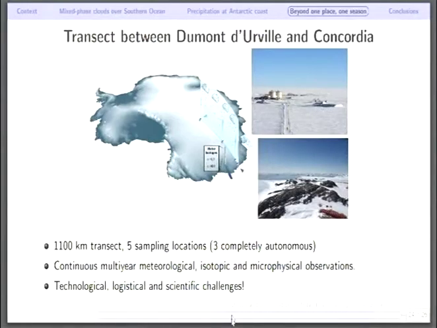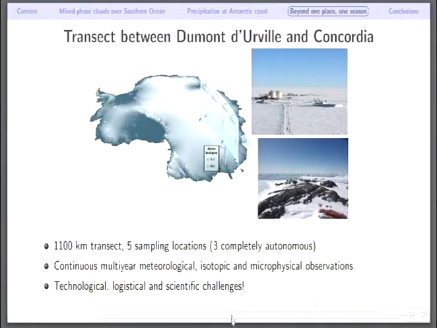Of course, the project started a month ago, so I have not much to show, but at least I can explain our vision and what we plan to do in terms of observation here. So this is Antarctica, and this is the transect that we want to equip. We want to have 5 sampling locations, with the 2 end stations being Dumont d'Urville at the coast and Concordia on the high plateau.